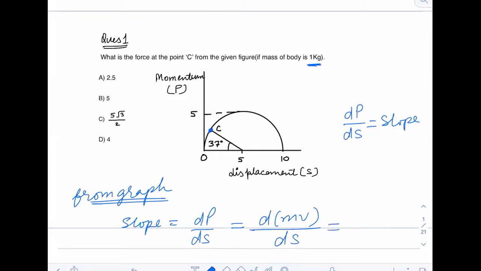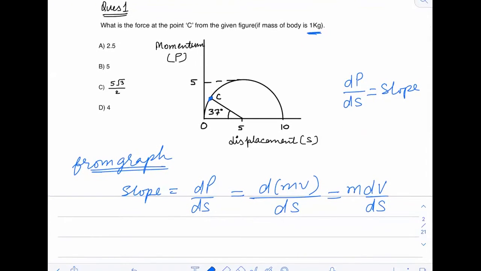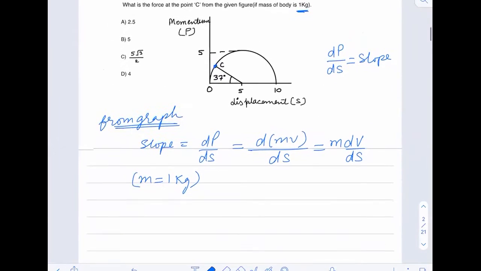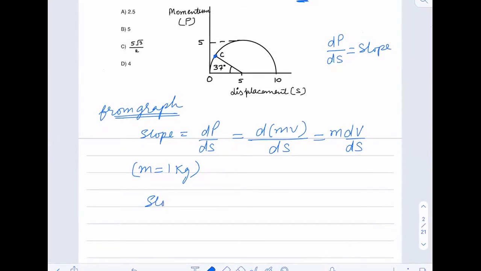Now I'm taking this m outside because m is a constant, and then I can write it as m dv by ds. The mass is given as 1 kilogram. So in this case, the slope becomes dv by ds.